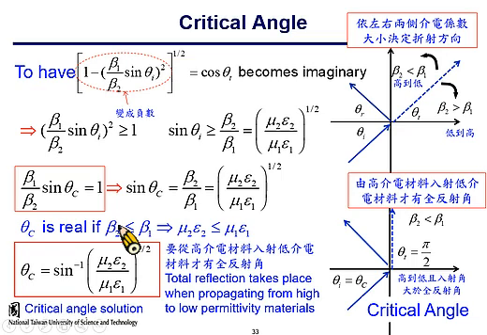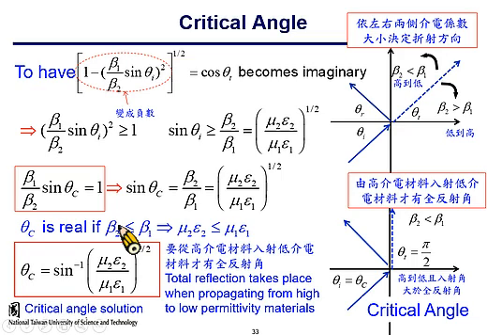So to put it more simply, supposing that the two materials are non-magnetic, then mu1 equals mu2 equals mu sub 0. So this representation becomes simpler as the arc sine of the square root of epsilon 2 over epsilon 1.